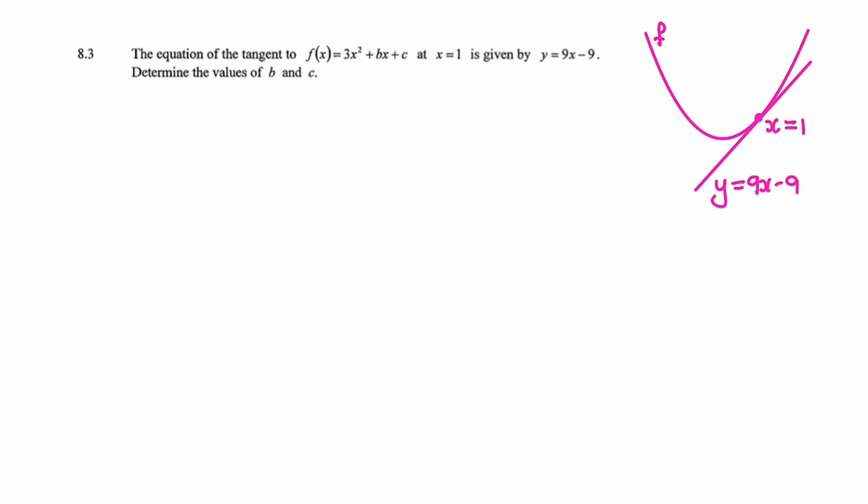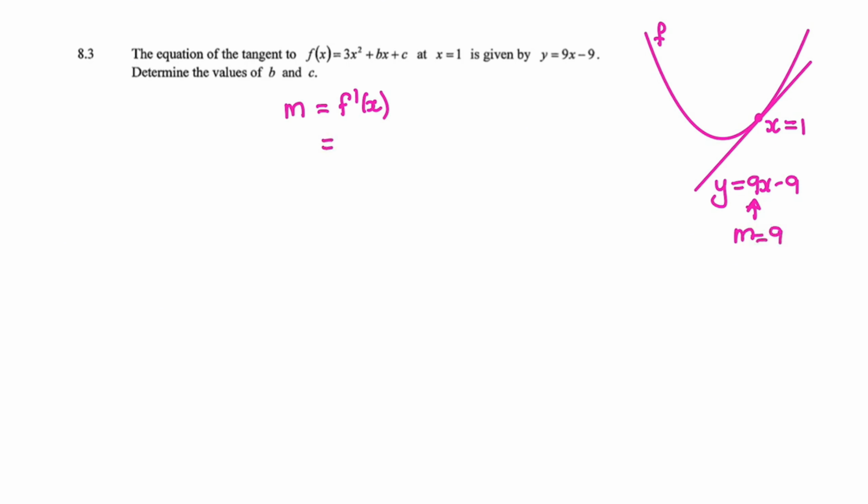So if I were to ask you, find the equation of the tangent to the curve of f(x) at x equal to 1, you would first find the gradient, and you would find that by taking the first derivative. But we already have the gradient of that line, and that gradient is equal to 9.